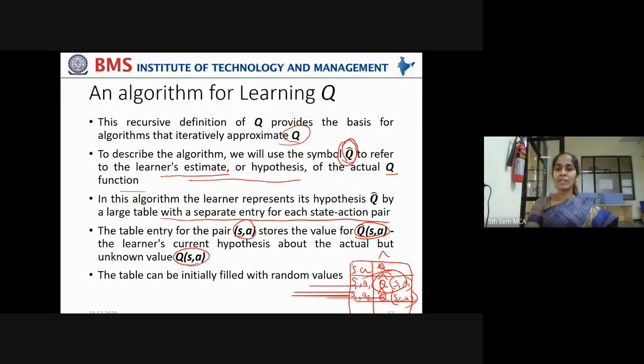Now the table can be initially filled with some random values and iteratively they can be refined. Did you understand now? Something like in the back propagation algorithm to adjust the weights, you remember? In neural networks, in order to adjust the weights iteratively, you keep sending back the difference in the errors. What is the prediction error? That prediction error you are back propagating so that the weights are adjusted.